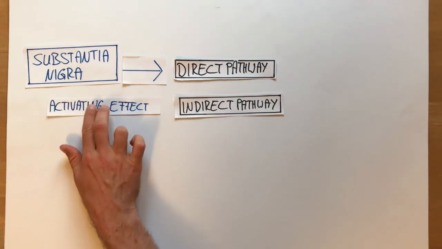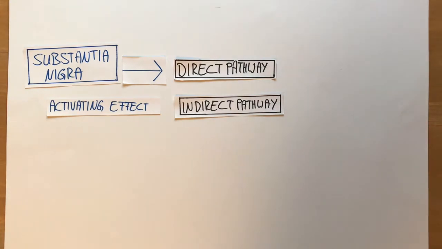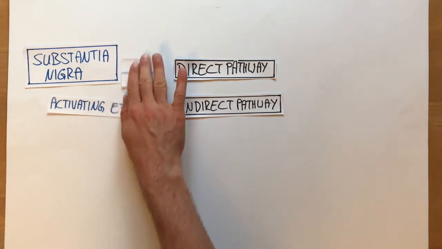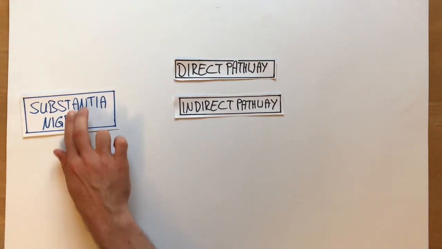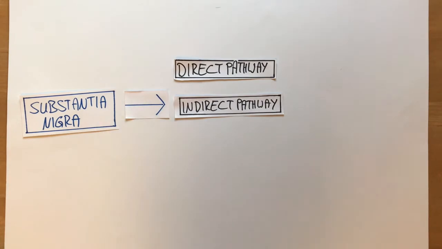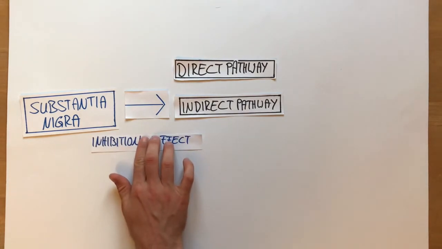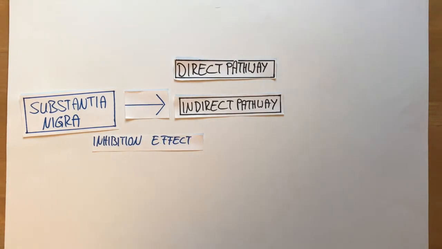The substantia nigra has an activating effect on the direct pathway. In pathologic conditions, this may cause failure of the patient to initiate movements. Under physiological conditions, the substantia nigra has an inhibition effect on the indirect pathway.